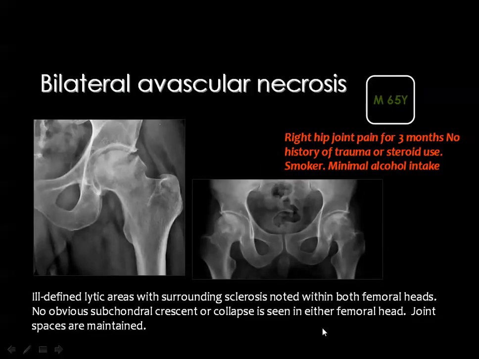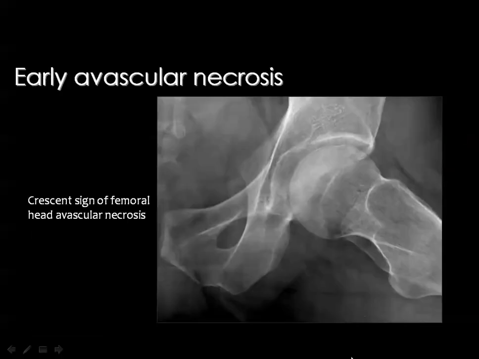And this is an advanced case of avascular necrosis of the femoral head bilaterally, and you can see that the femoral heads are somewhat flattened. They present areas of bone sclerosis as well as areas of bone rarefaction. There is evident contour irregularity of the affected head.